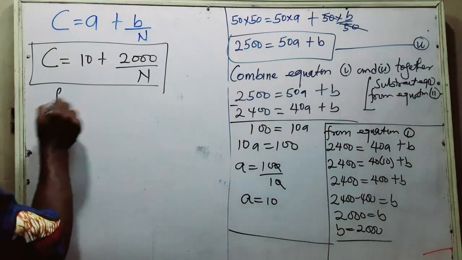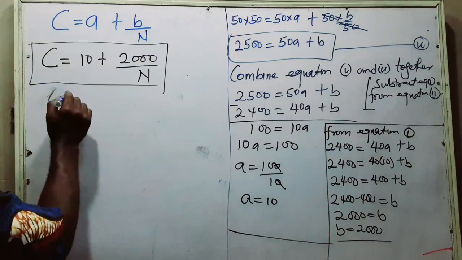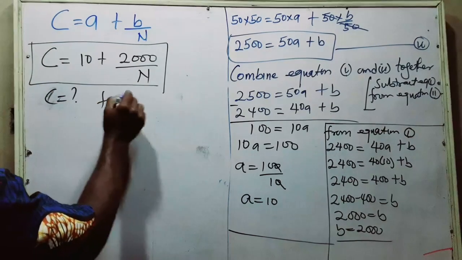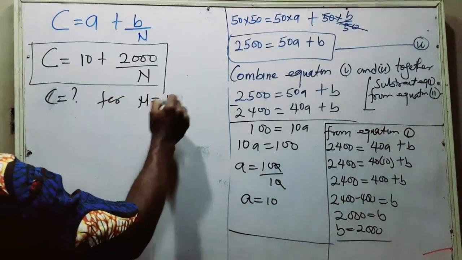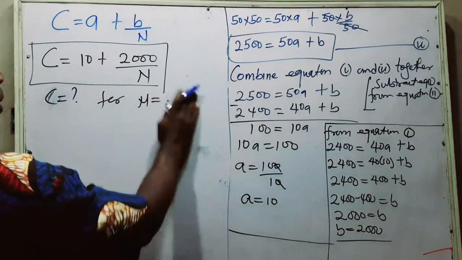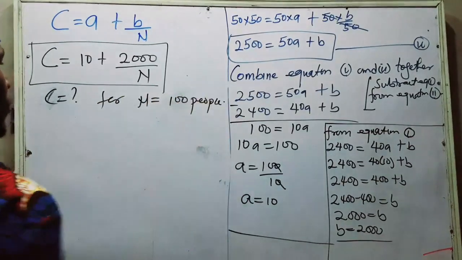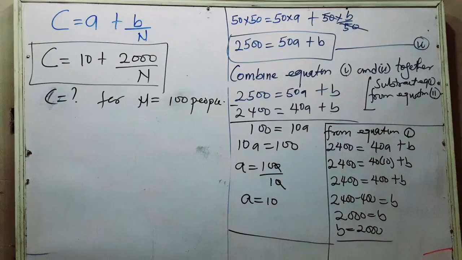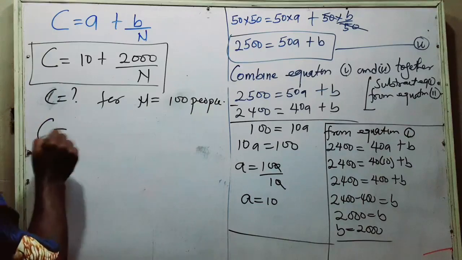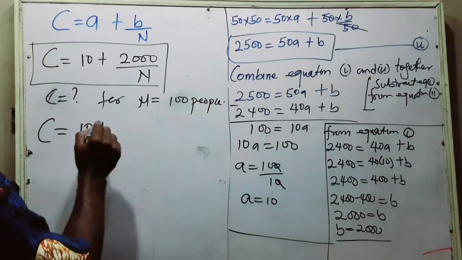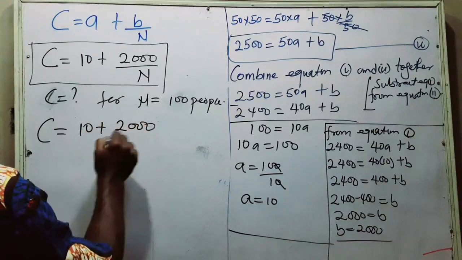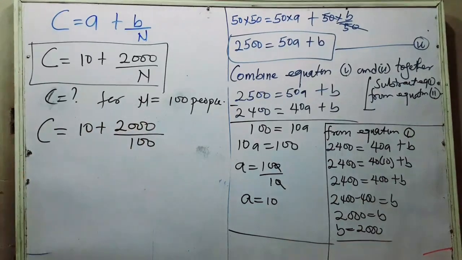So the cost is unknown for 100 people. Now, to get the cost for the 100 people, we have C is equal to 10 plus 2,000 divided by 100.